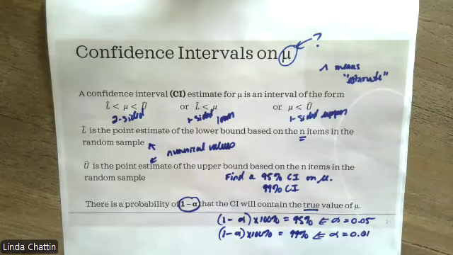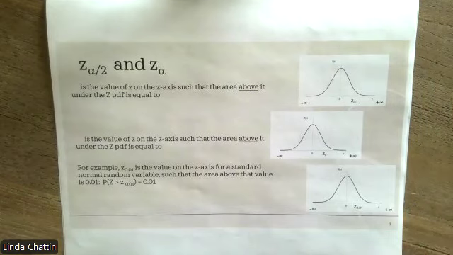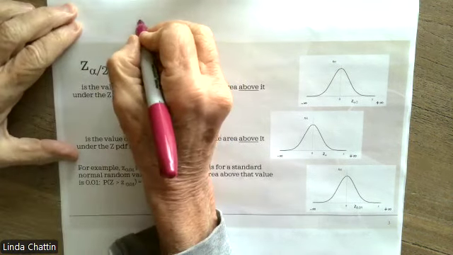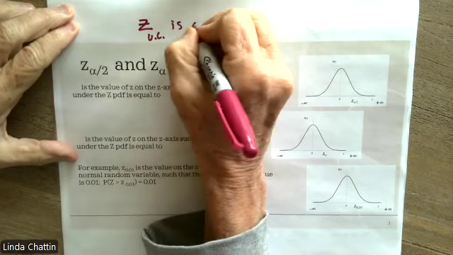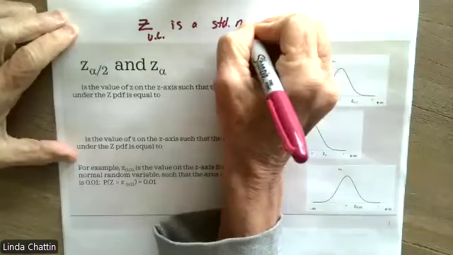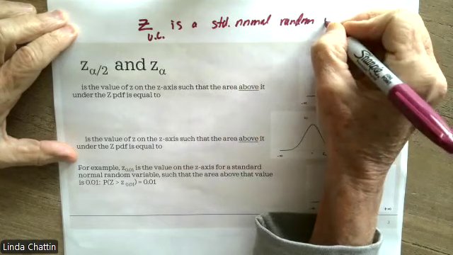Now I need to teach you some notation, and it is about the standard normal distribution. We learned about this a little bit in chapter 4. We learned about what a standard normal random variable is. I'm going to change pens here just for something different. When we talk about capital Z, an uppercase Z, it is a standard normal random variable, and you learned about this in chapter 4.